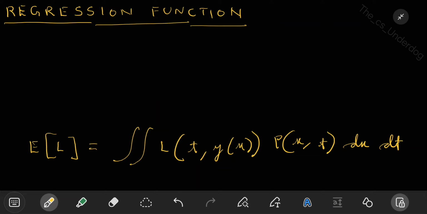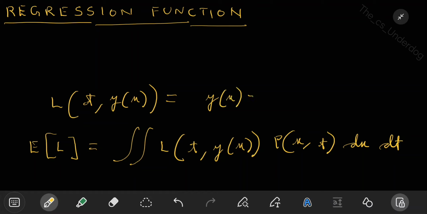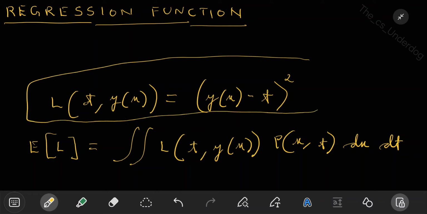So let us say our loss function L of t, y of x is equal to squared loss. What is squared loss? How do you write it? You would write it as y of x minus t the whole square. This is how you write squared loss. Now I can substitute this value y of x minus t here, right?